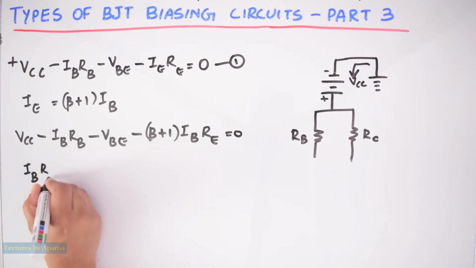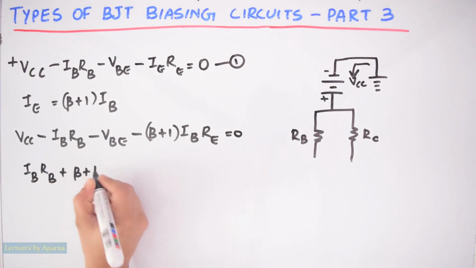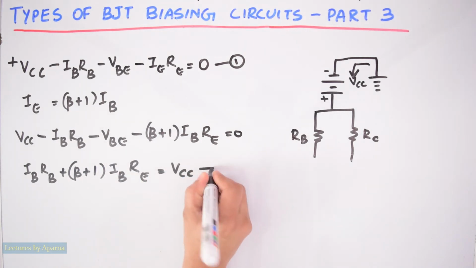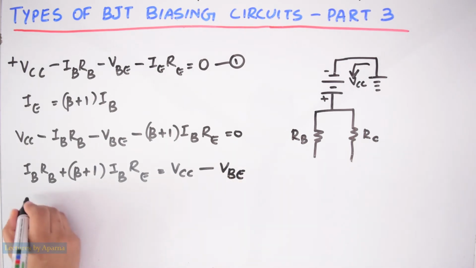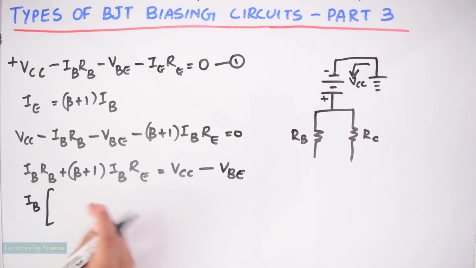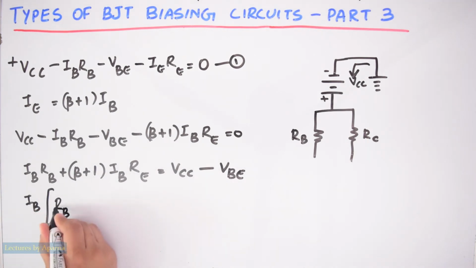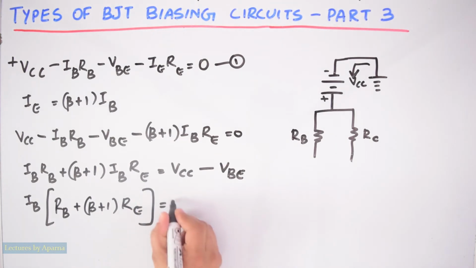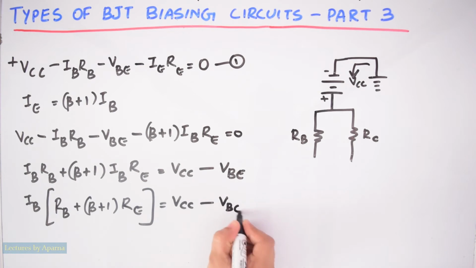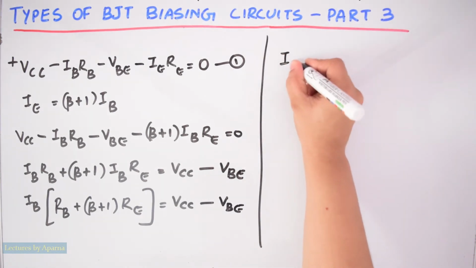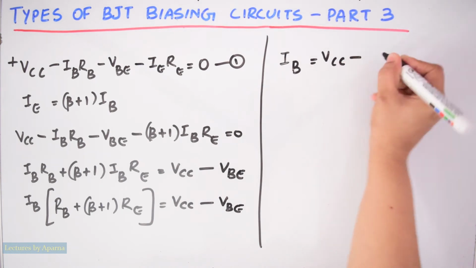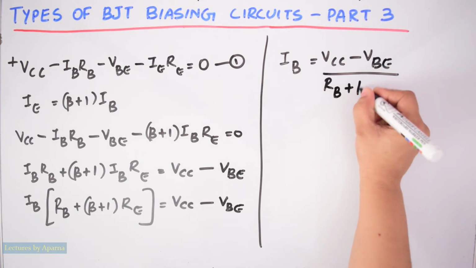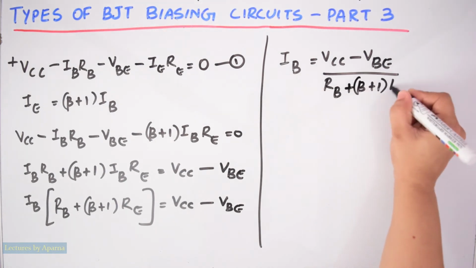IB RB plus beta plus 1 IB RE is equal to VCC minus VB. IB into, taking IB outside, RB plus beta plus 1 into RE is equal to VCC minus VB. We can write IB is equal to VCC minus VB divided by RB plus beta plus 1 RE.